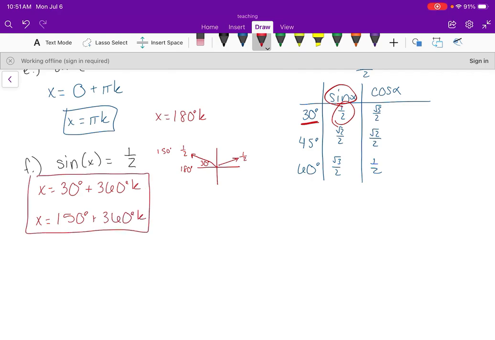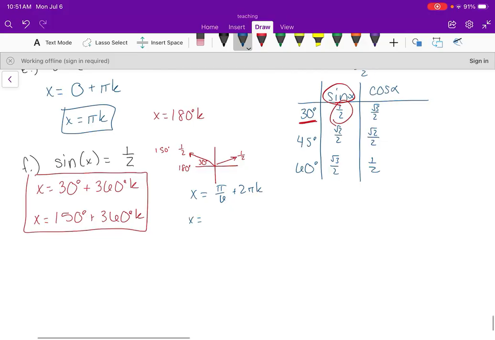These are my answers. I will also write it in radians for you just to see. That would be 5 pi over 6. And if you're curious of how I'm getting that 5 pi over 6, I'm saying, okay, this is pi, which could be 6 pi over 6.